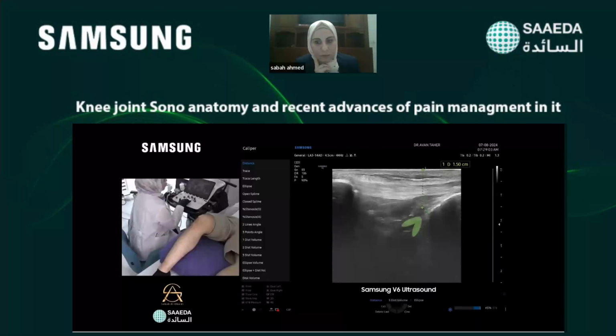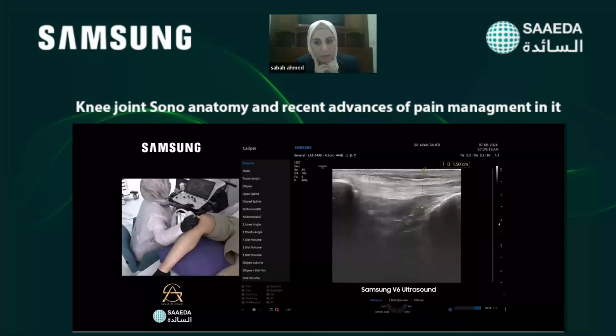And just in front of it, we can see a short axis view of a hyperechoic ligament called the transverse meniscal ligament.